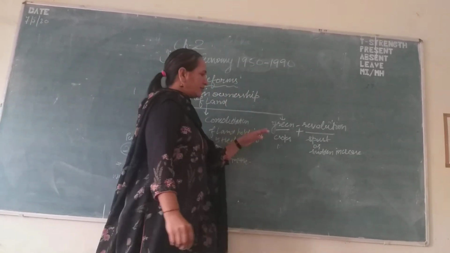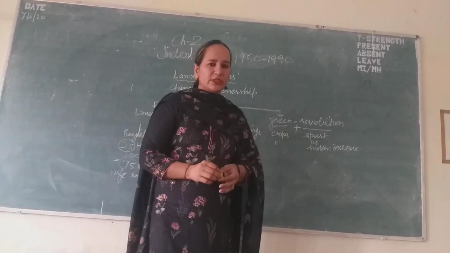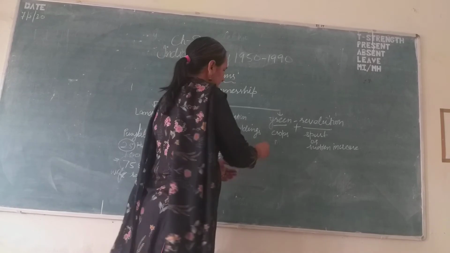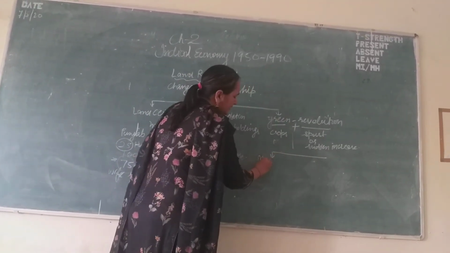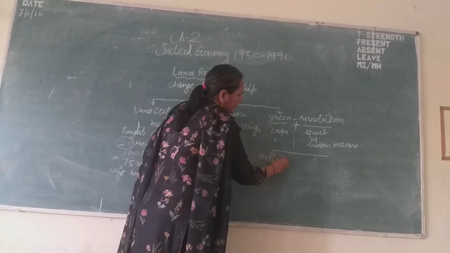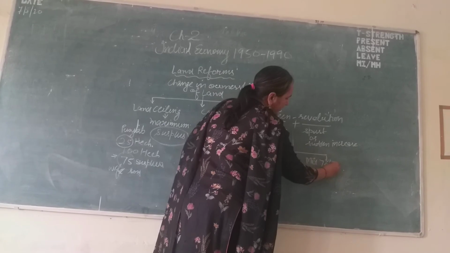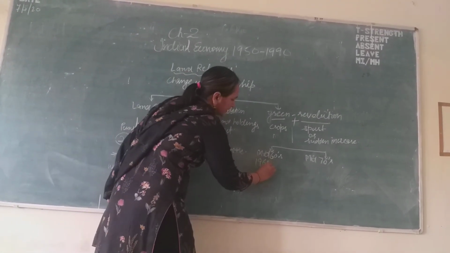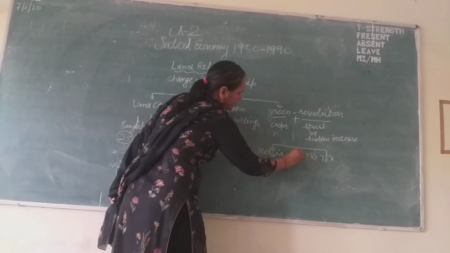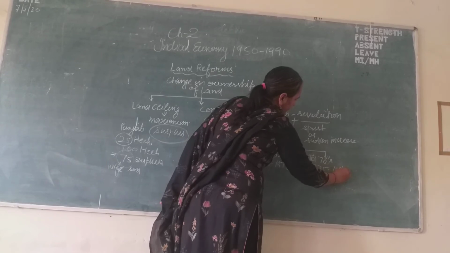Now, under green revolution, the productivity of crops has increased 3 to 4 times. This green revolution has two phases: one is mid 60s and one is mid 70s. Mid 60s means from 1965 to 1975, and then from 1975 to 1985.